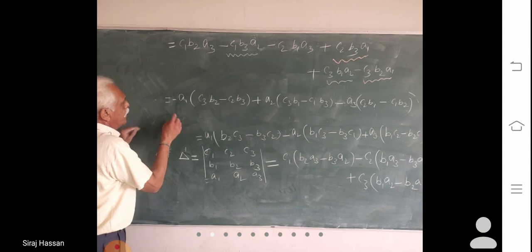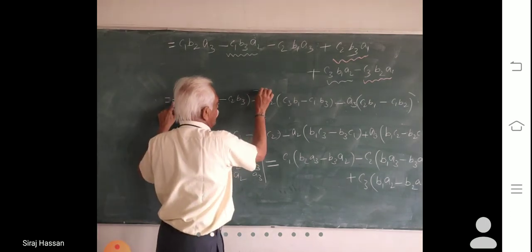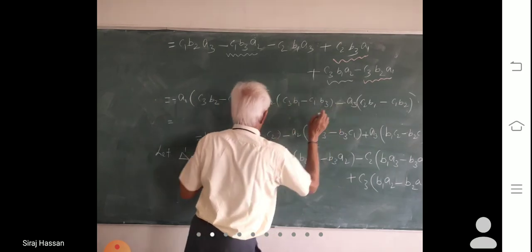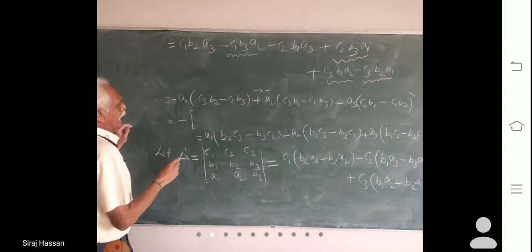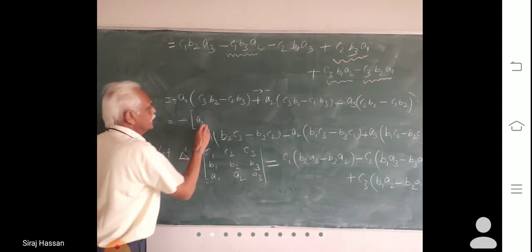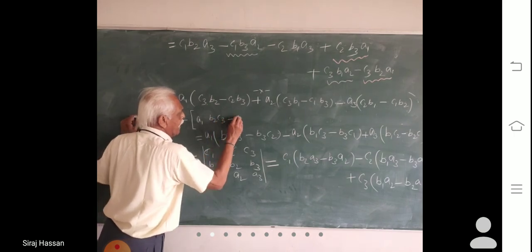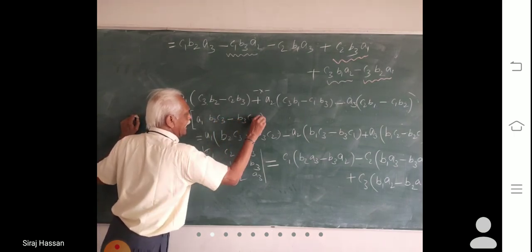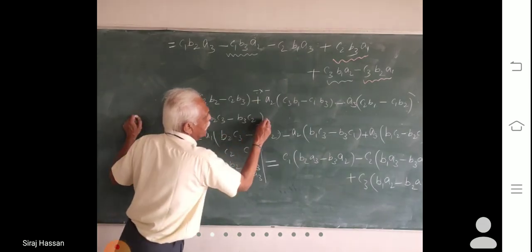Now, you have minus here. This plus is minus into minus. Here you have minus. So I take out minus common and write the final step. A1 into B2 C3 minus B3 C2. One minus has come out.